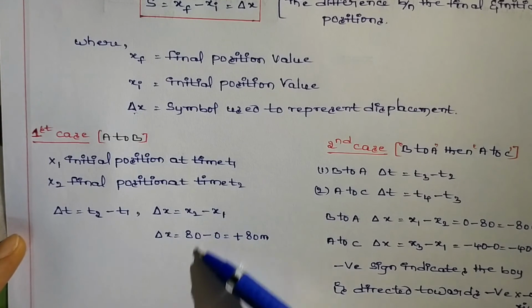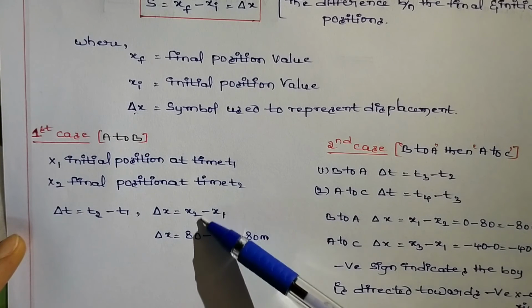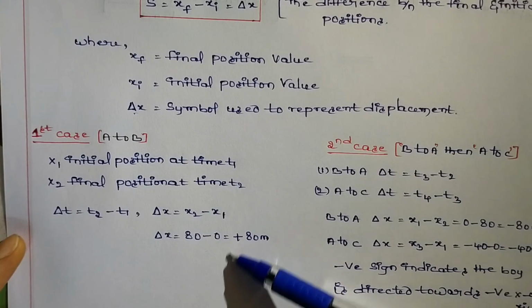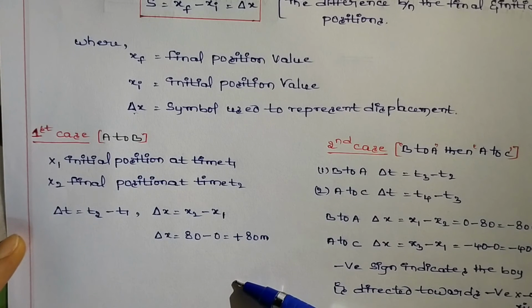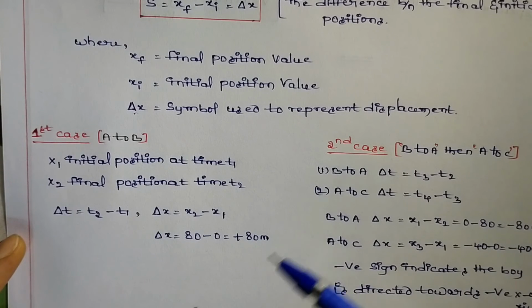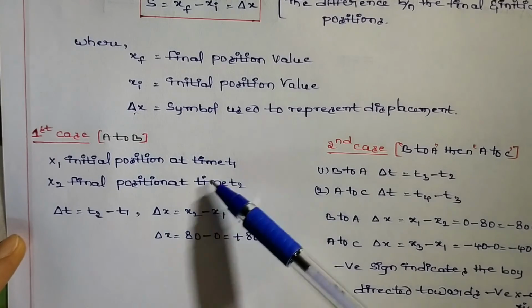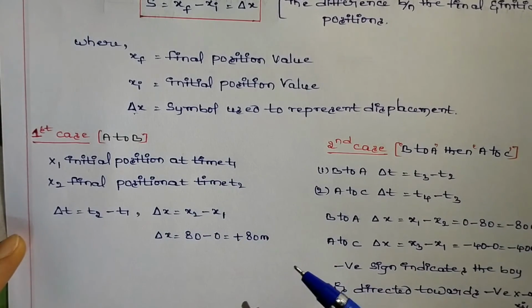In the case of vertical motion, which is also one-dimensional motion, the body is also moving along a straight line path. In that we have the upward direction and downward direction. So in one-dimensional motion, we have two directions: forward or backward, or upward or downward.